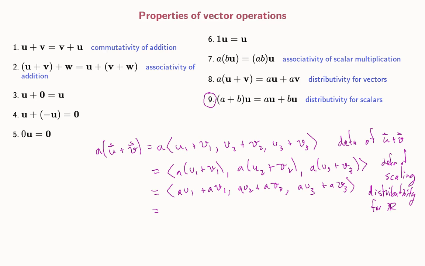Now we can regroup this. This is au1, au2, au3 plus av1, av2, av3, and that is au plus av, which is what we were after.